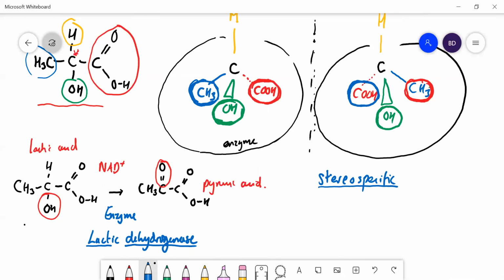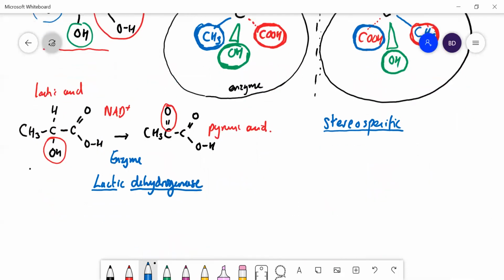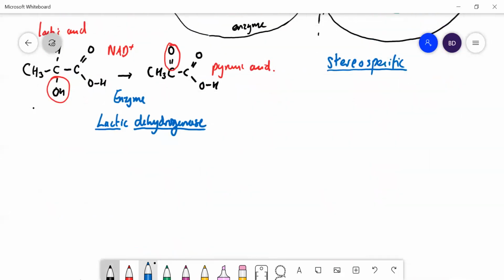Okay, now if you look in the specification, we also need to know about certain drugs. Certain drugs work by inhibiting enzymes.